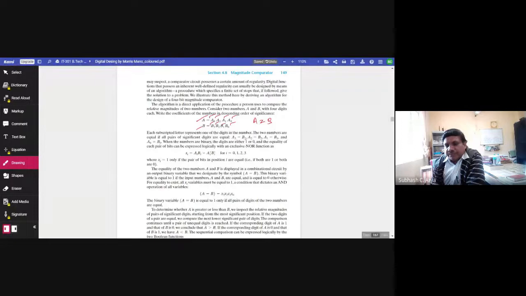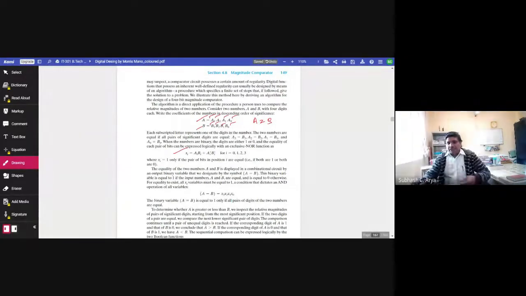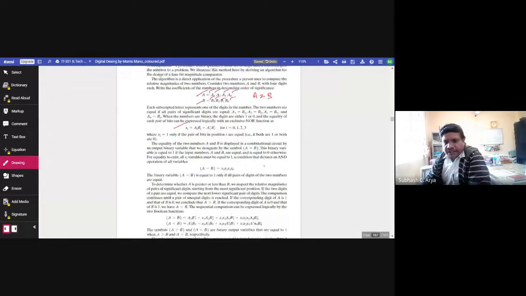If A3 is equal to B3 and A2 is equal to B2 and A1 is equal to B1 and A0 is equal to B0, then only A is equal to B. This is the foremost important criterion for declaring two numbers equal. Sounds sensible. Any doubt?